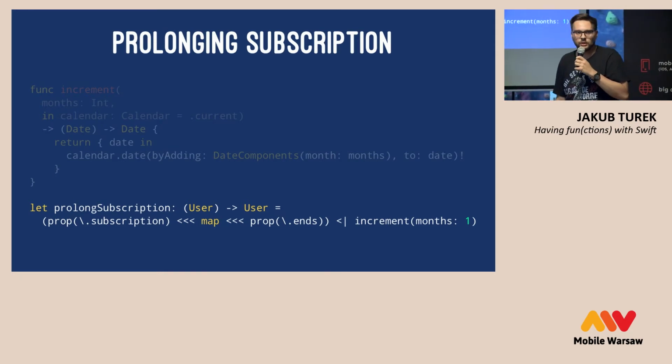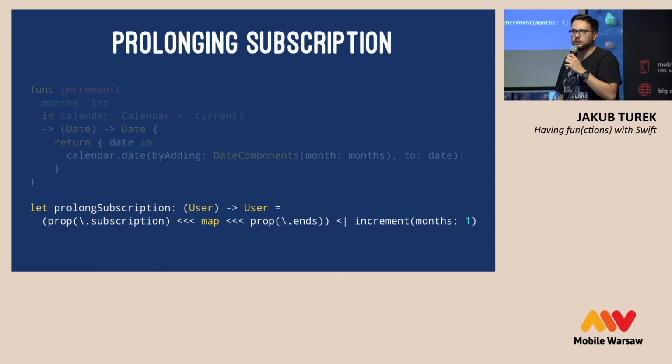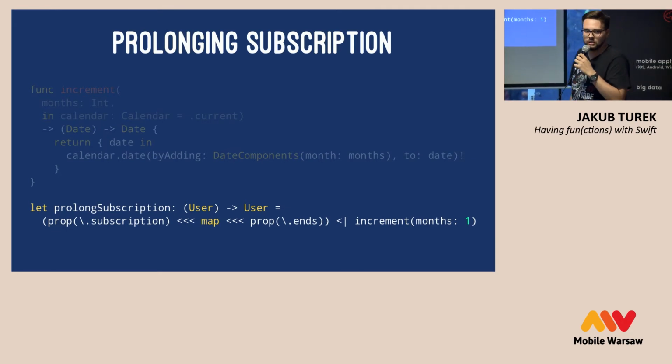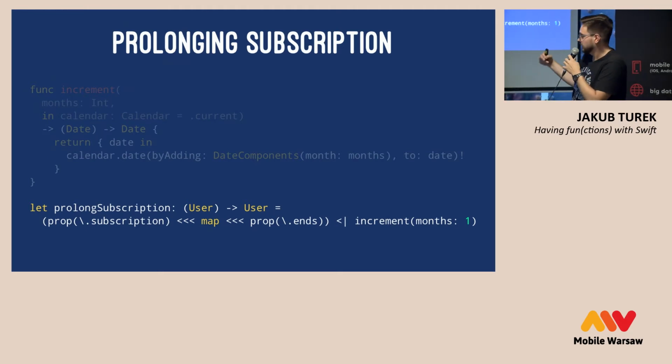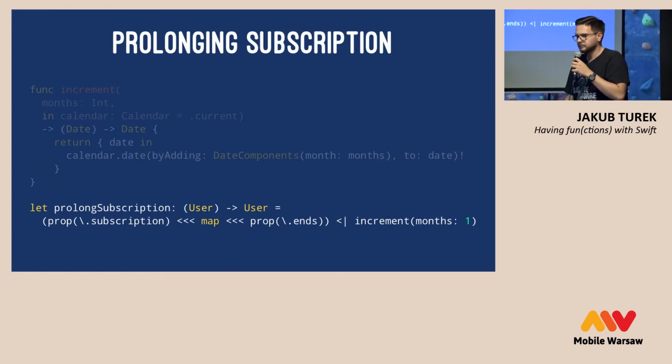In this case, once again, I have reversed the function composition operator, and it's just for readability purposes for humans. Because if you used the standard one, we would have to go from property to map to subscription, which is not what we usually see. We want to transform a user, so we want to go this way, from subscription to the end date. That's why the operator is reversed, for the types to match.